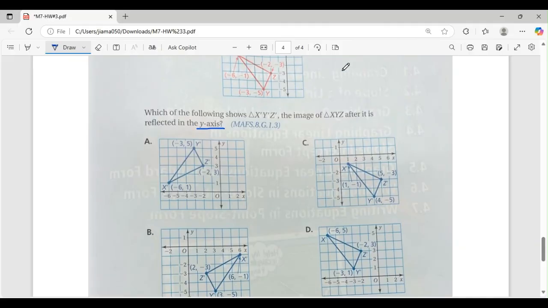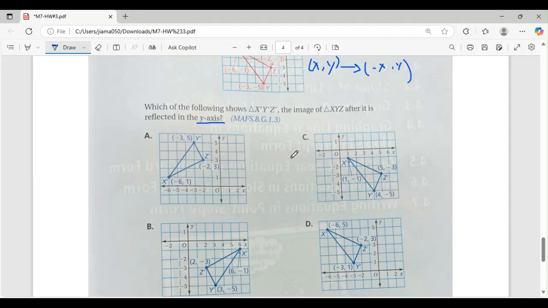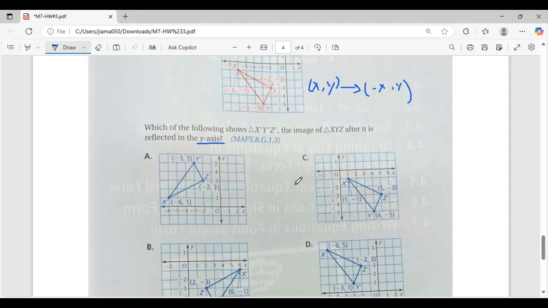So I will write it down. After changing, it will be negative x, y.